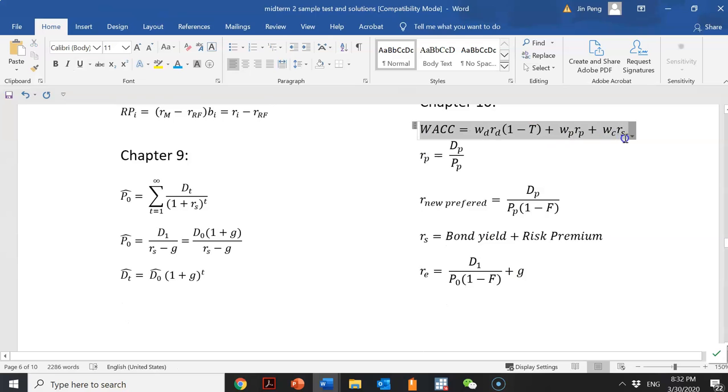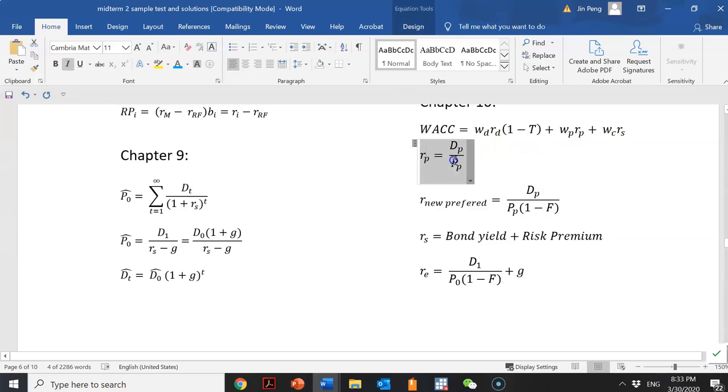Chapter 10, WACC formula. Return of the preferred stock is DP over PP. So for a new issue, it's DP over PP multiplied by 1 minus F. Stock return is also bond return plus the stock over bond risk premium. For a new issue of common equity, the return is D1 over P0 multiplied by 1 minus F, plus g.